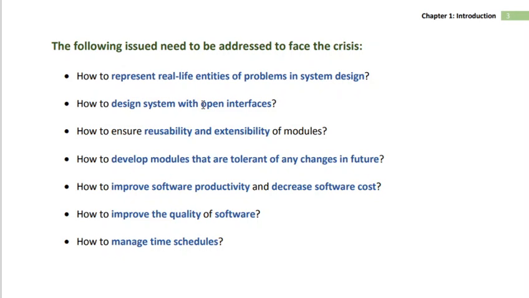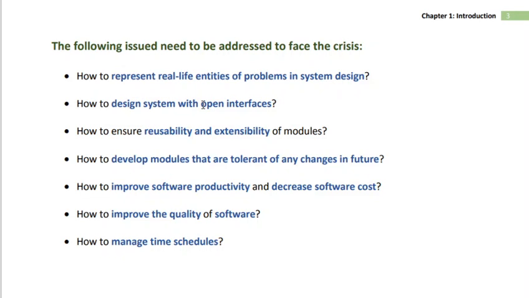So by having a skilled labor force and a set of reusable high quality modules, you can improve software productivity. And further, by improving software productivity, the overall cost of software development also decreases. So we have a transitive effect there.